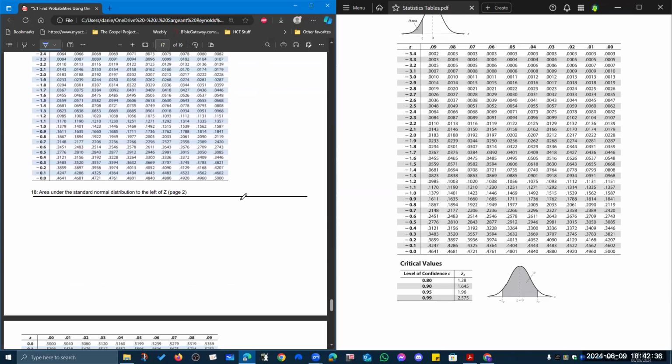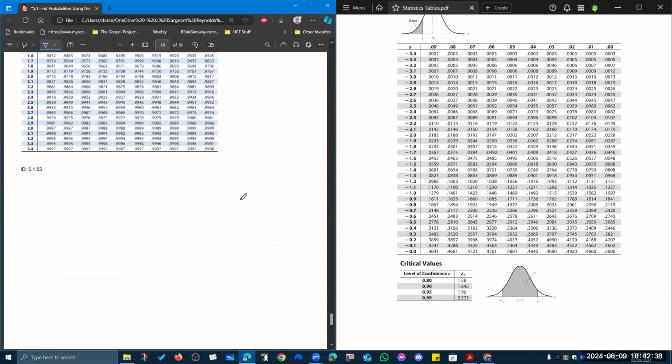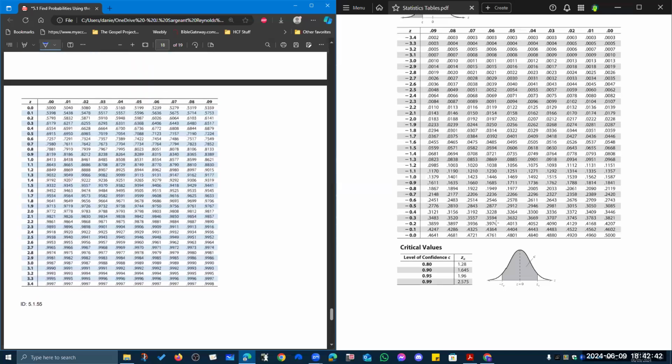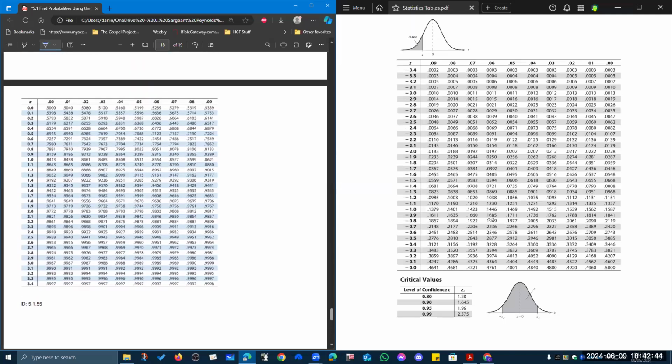All right, so key point here, your teacher is going to tell you exactly what to do here, but typically if we have numbers where we're trying to find the area to the left of negative 3.5 or something smaller, we're just going to say that it's 0 because there's practically nothing over there in that tail anymore.